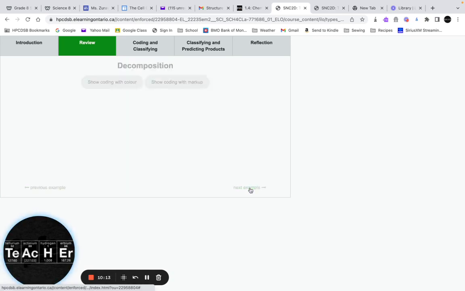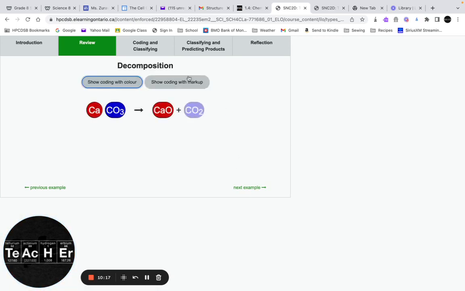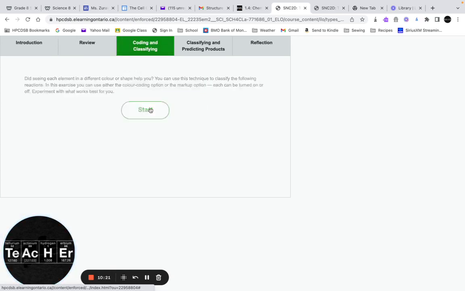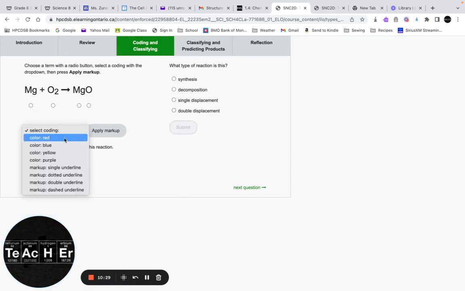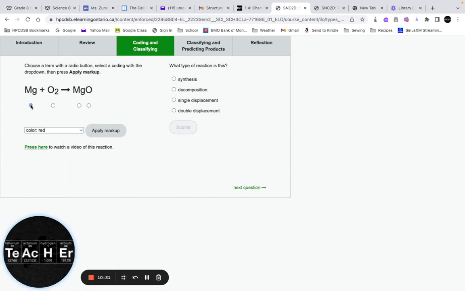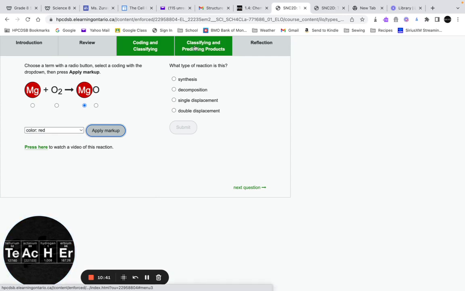And then you can move on to the next example for decomposition. And then they're going to go through examples for you. You can click to these different tabs. Here's coding and classifying. Okay. So again, you can classify these reactions. You can select the coding. So for example, if you want to color code magnesium as red, you apply the markup. And then you can do that there too, just to keep track of your atoms. Okay. They do a great job with this particular activity.